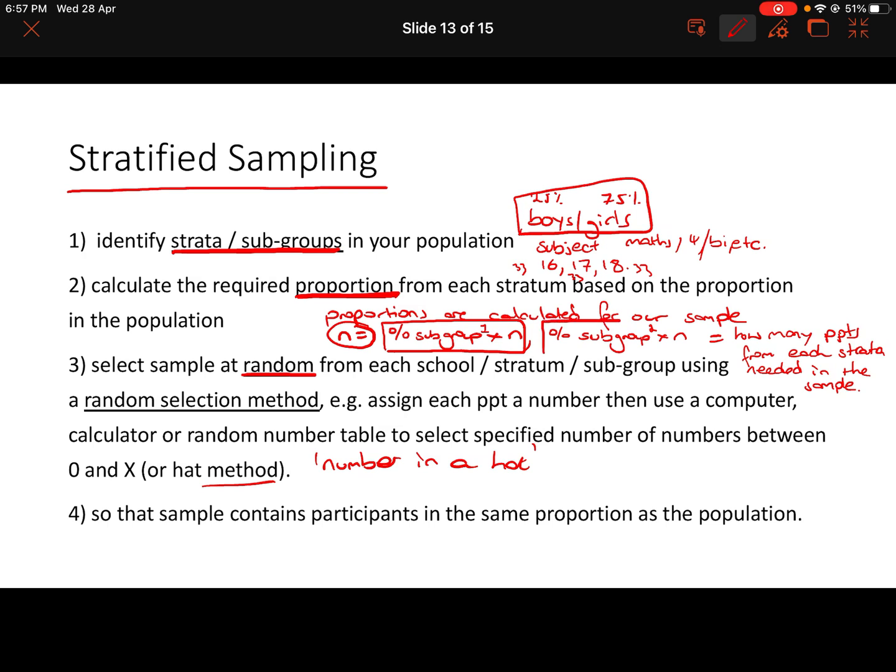We give everybody in our second subgroup a number between 1 and whatever number of participants we need from that subgroup in our sample, etc. We then select out that number of participants so that our sample contains participants in the same proportion as the population.